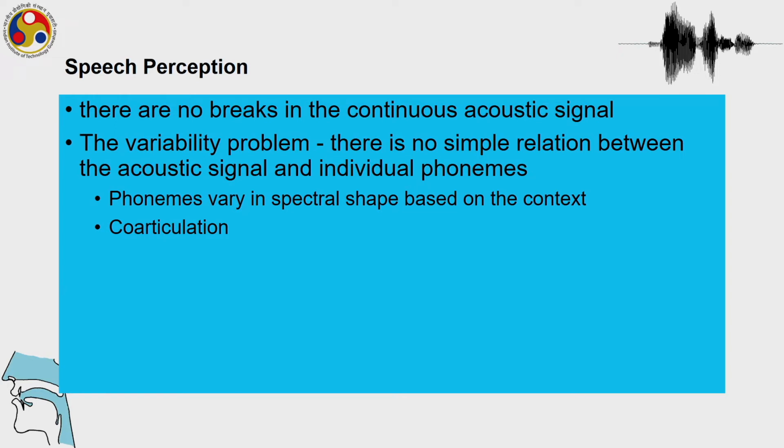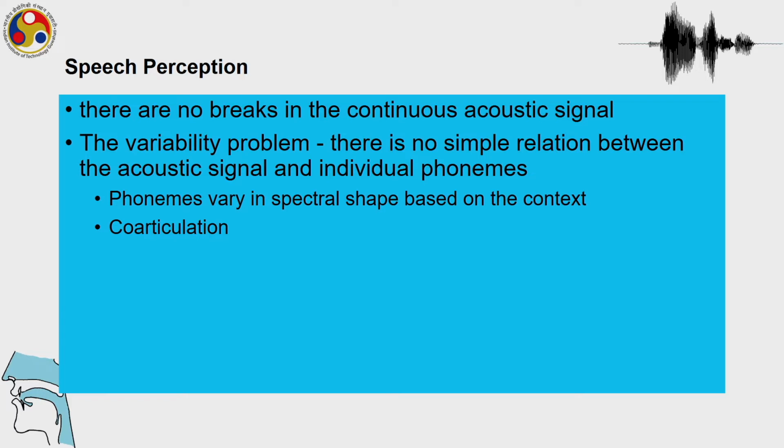Whenever we are saying a sentence, we are not paying attention to giving breaks between the words. We speak everything in one go, and unless there are other prosodic aspects to be taken care of, we are not really paying attention to the boundaries between the words. This creates what is known as the variability problem.